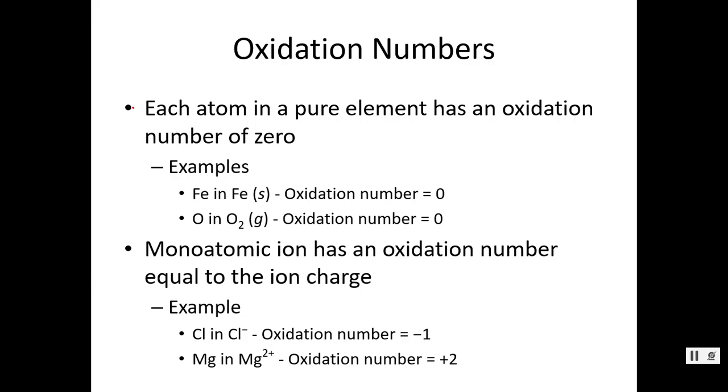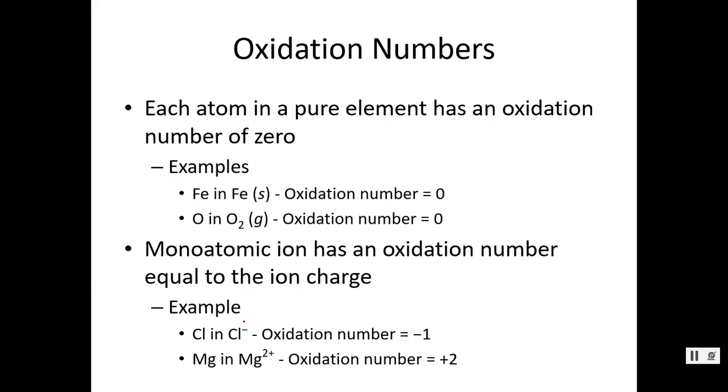That's the first rule. Second rule, if you have a monoatomic ion in an ionic compound, then its charge or its oxidation number is equal to the ion charge.